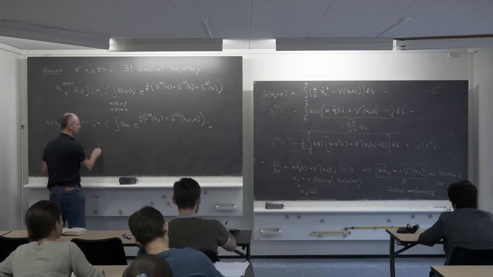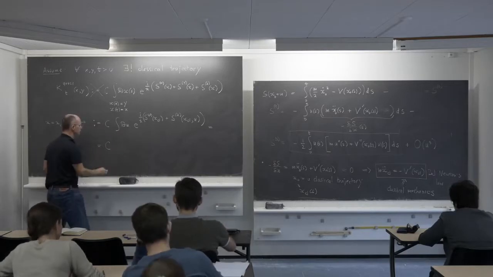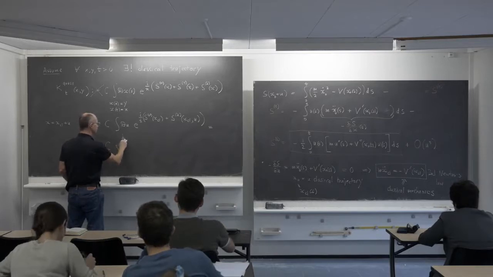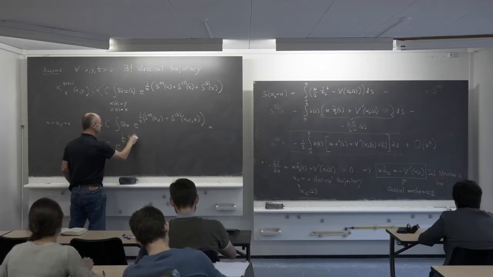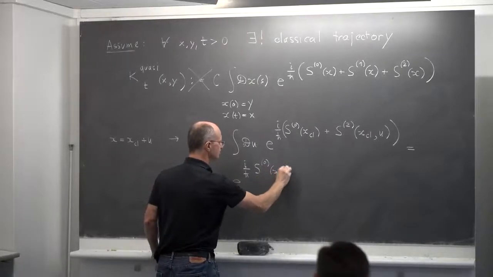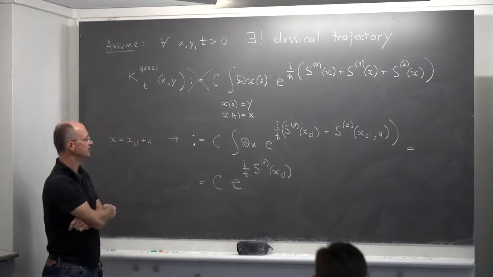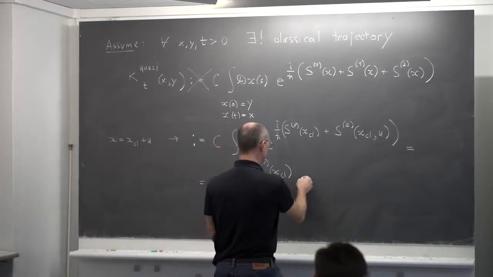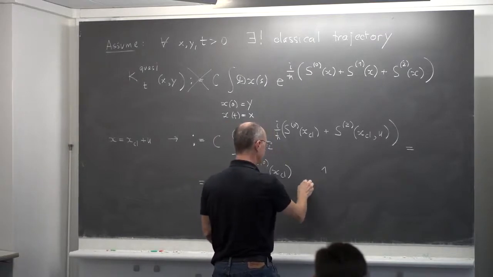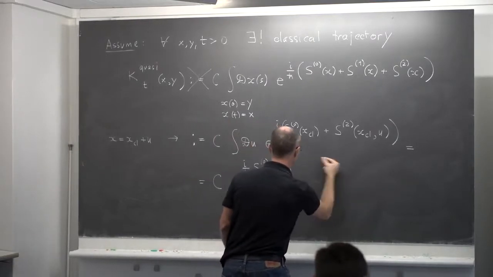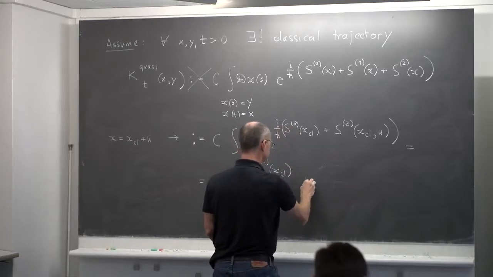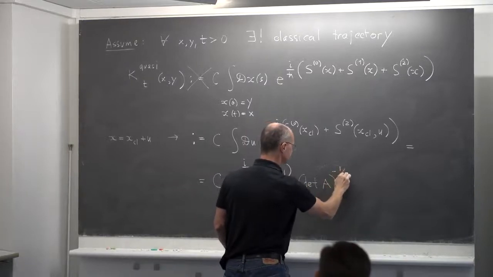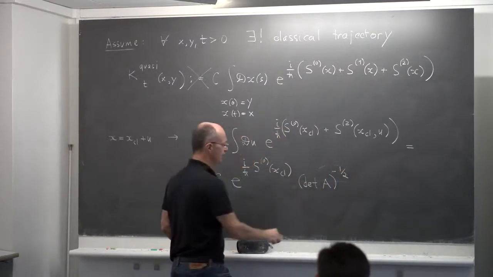So a priori, the answer should be a constant times S naught of x classical. And here we'll have a priori the determinant of some operator A to the power minus 1/2.